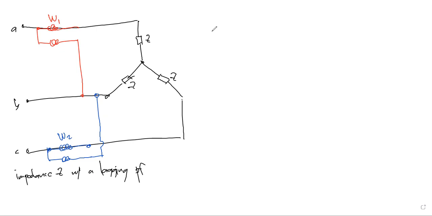So if we obtain wattmeter 1, it will have a reading of VAB IA cosine of theta VAB minus theta IA.